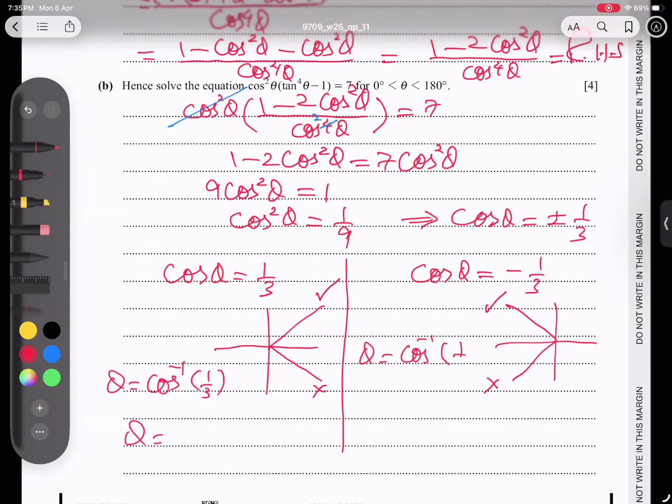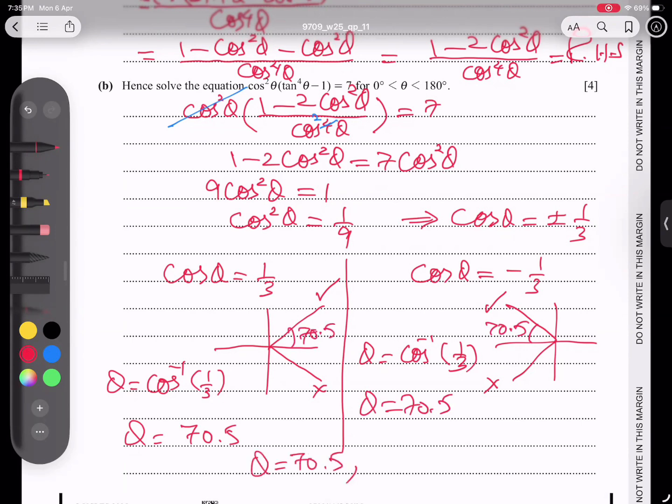Don't take a negative sign. Same values. And make sure it is in degree mode. So when I take a cos inverse, 1 over 3 turns out to be 70.5. Here also 70.5. So 70.5 here, 70.5 here. So this is our required answer, 70.5.